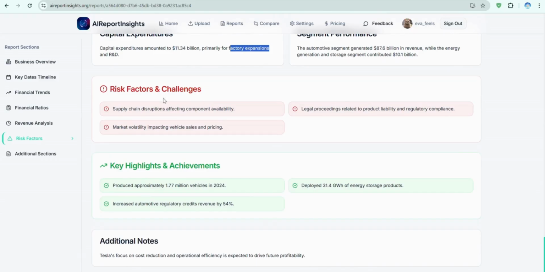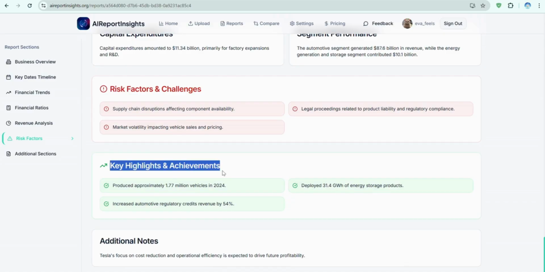So what's important here is the risk factors and challenges. The very long risk factors are summarized into 3 main points: market volatility impacting vehicle sales and pricing, supply chain disruptions, and legal proceedings.